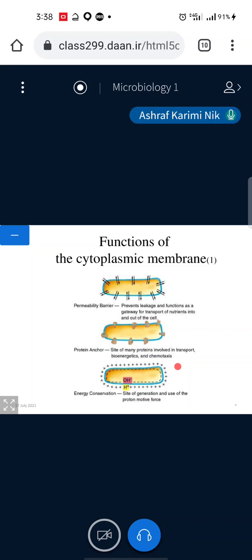Some proteins exist in the cytoplasmic membrane and are involved in transporting, and in chemotaxis, for example.